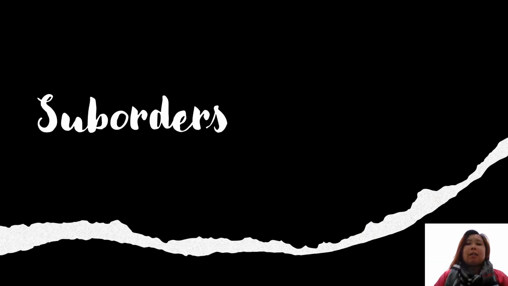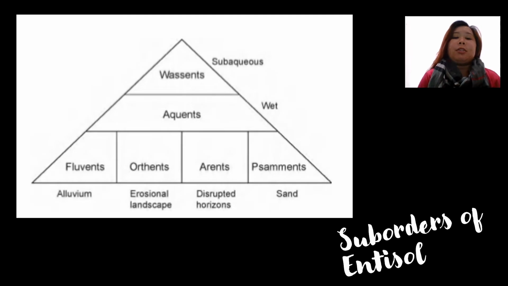Now let us discuss the different suborders under the 12 orders. In this triangle, you can find the different suborders of entisol.